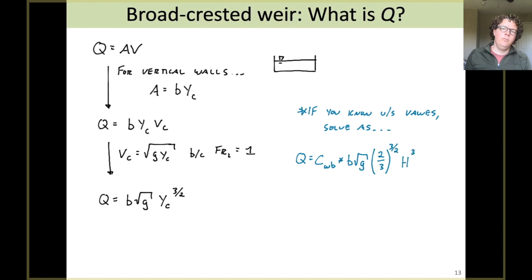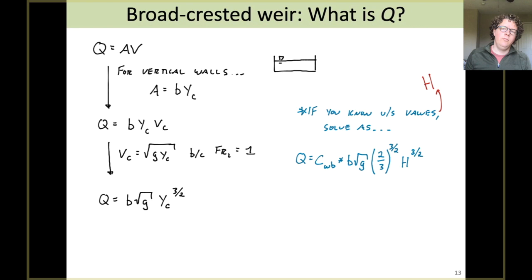If instead you know the upstream values, and that's what we're much more typically measuring, specifically meaning if you know H. So if you're measuring capital H, not measuring YC, that's what we tend to measure, you can use the equation that I've written out here. Discharge is equal to a coefficient for weirs, B for broad-crested.